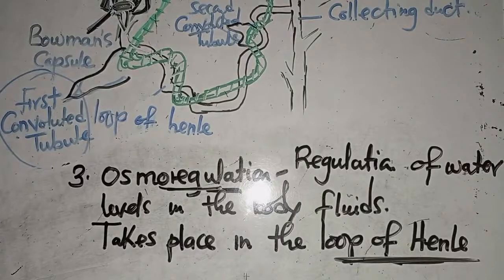So you discover that if water levels in the body are little, a hormone is now being secreted. The name of that hormone is what we call antidiuretic hormone, which is ADH. So let me write down this point, very important.